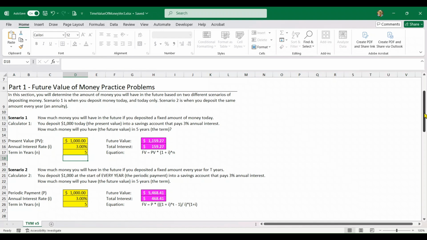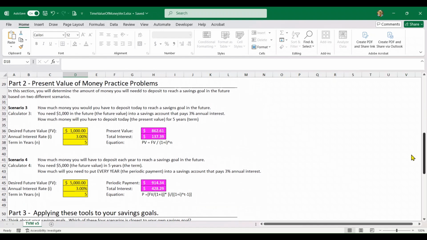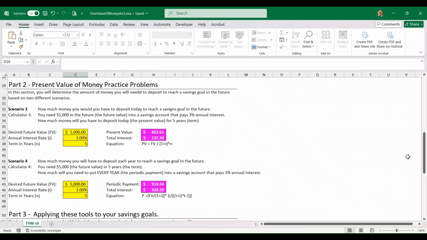On the other hand, your savings goal might be something different. It might be, I want to be able to buy a house 5 years from now, and I know that I'm going to need to have $20,000 as a down payment for that house.